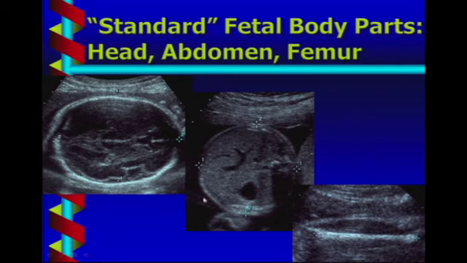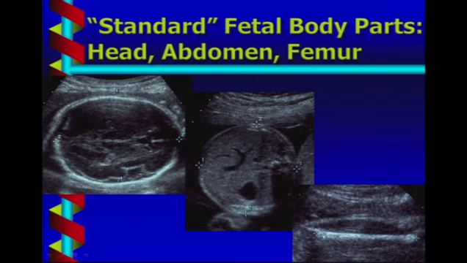For the abdomen, we want to have a nice round abdomen, seeing all or almost all of the skin surface around it, and put the calipers on the skin surface, not, for example, on the ribs here or here, but right on the skin surface.